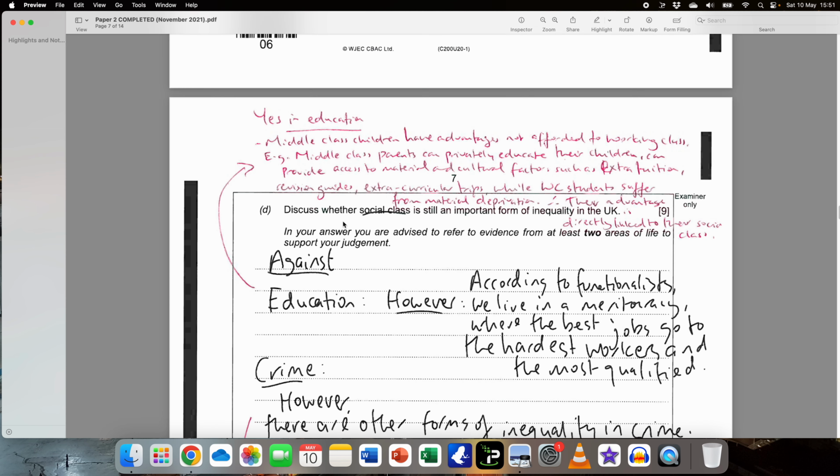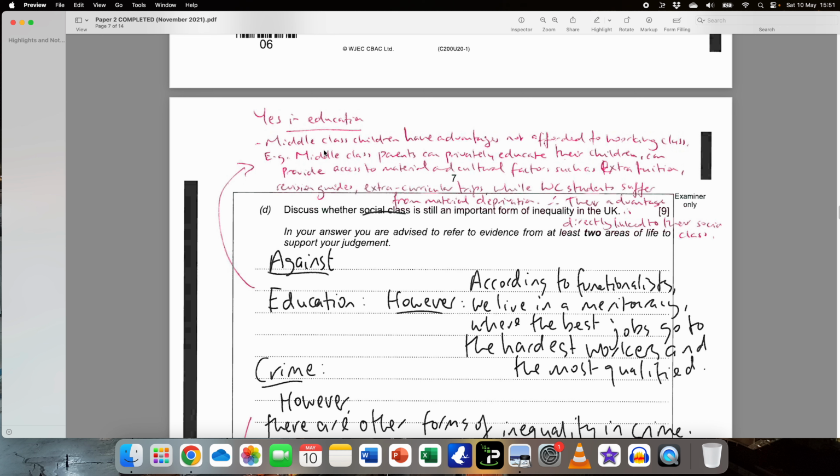So we can say social class is still an important form of inequality in the UK in education. How? Middle class students have advantages not offered to working class students. Middle class parents can privately educate their children, can provide access to material and cultural factors such as extra tuition, revision guides, and extracurricular trips, while working class students suffer from material deprivation.